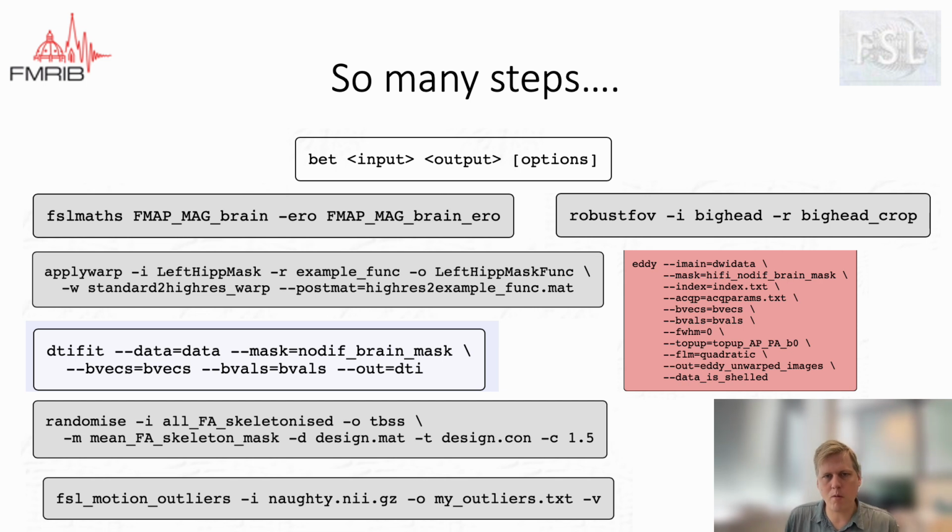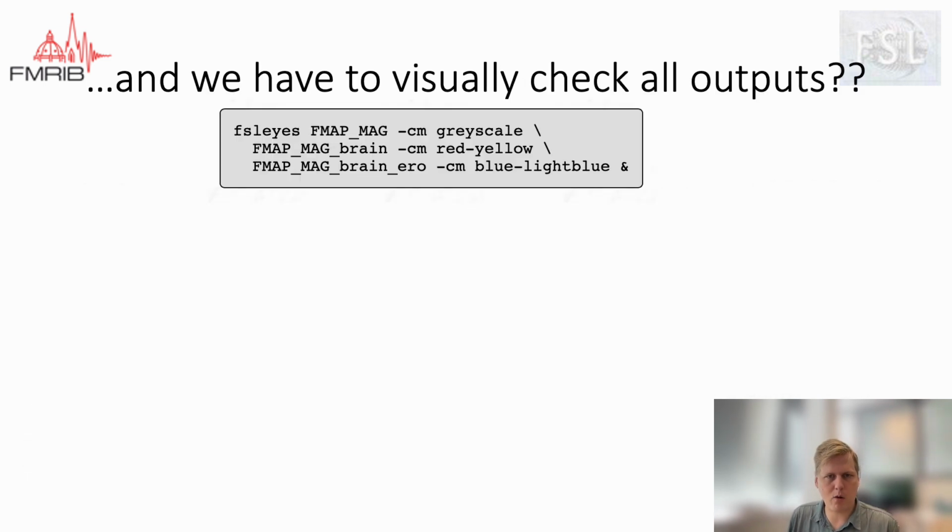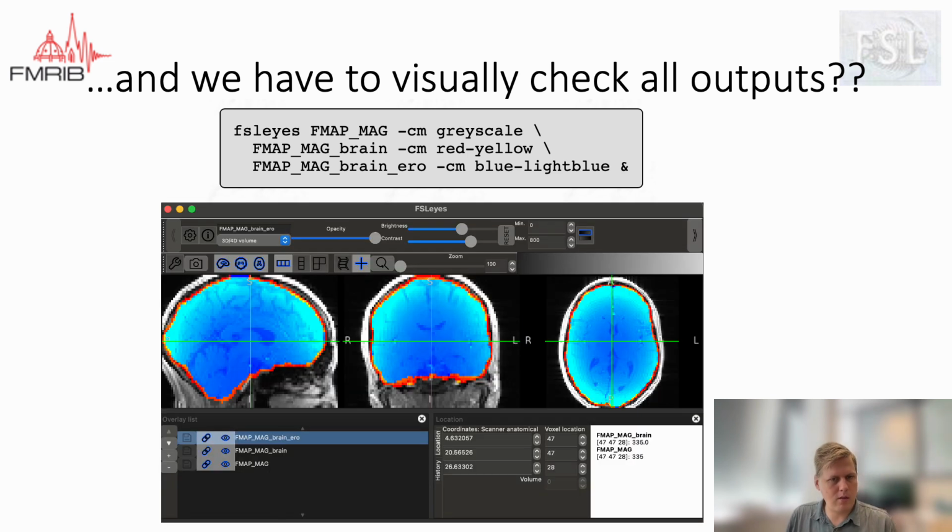However, a very important part of running any data processing pipeline is that you do still want to visually check all of the outputs to see that all of these individual steps actually worked for each subject. And we saw during the course some great Fossilize commands which would allow us to interactively view how, for example, in this case, the brain extraction step has worked for our field map image.